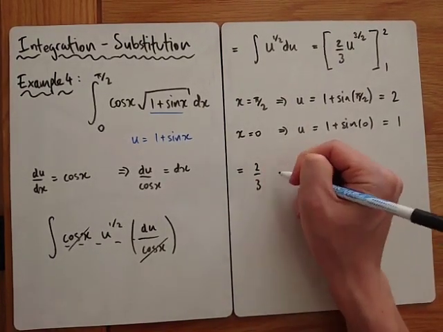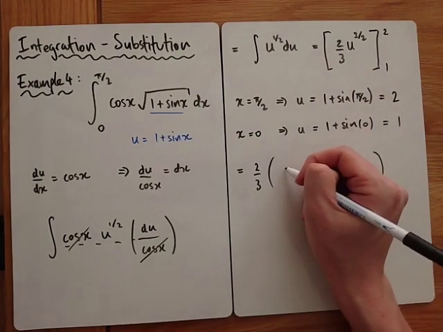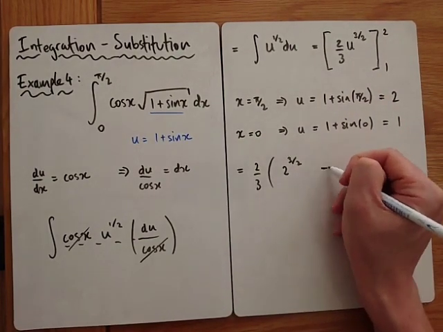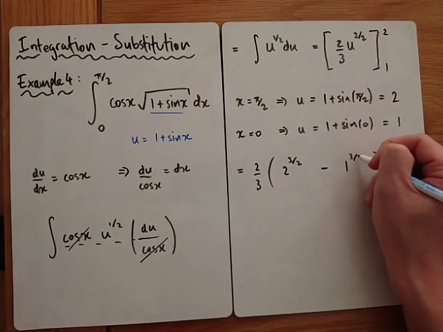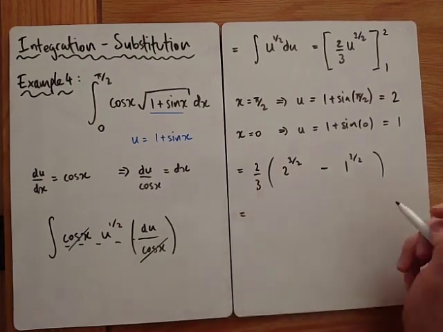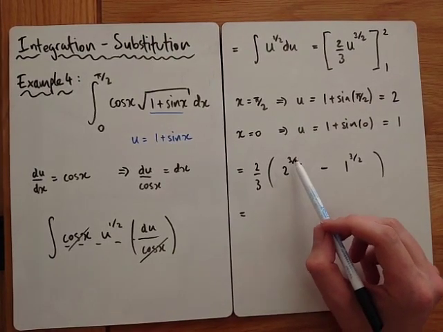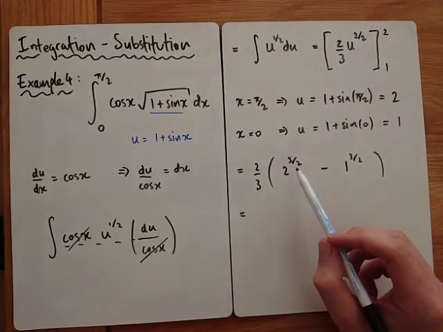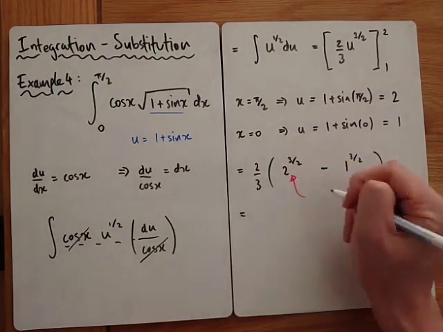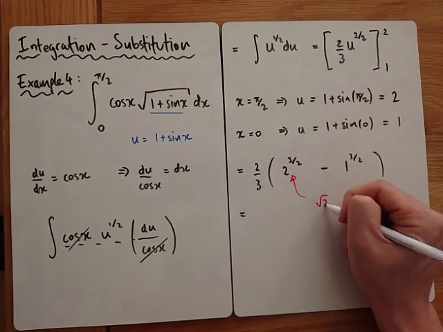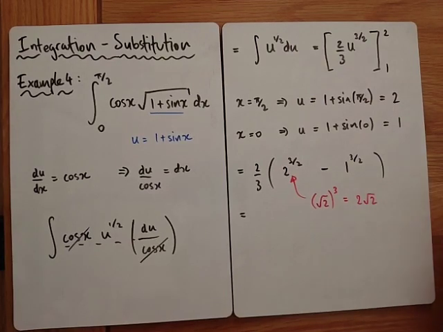So we get 2/3 u, which is 2 to the power 3 over 2, minus 1 to the power 3 over 2. We're not going to be able to get a fraction. This is going to be a surd answer because it's a power of 2, isn't it? It's like the square root of 2 cubed. Obviously you can use your calculator for this, guys, but that there is root 2 cubed, which is the same as 2 root 2.